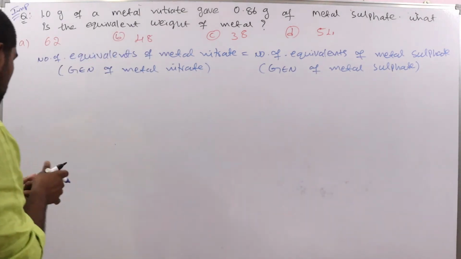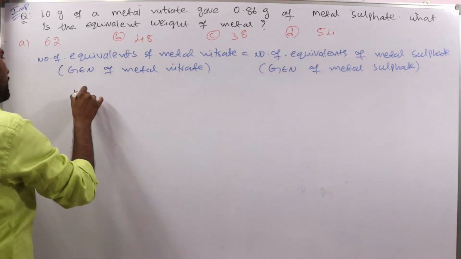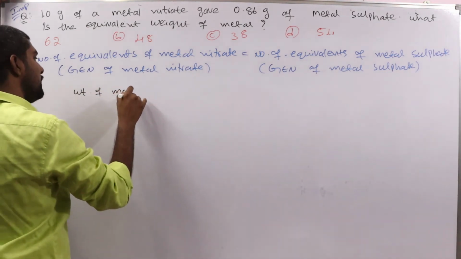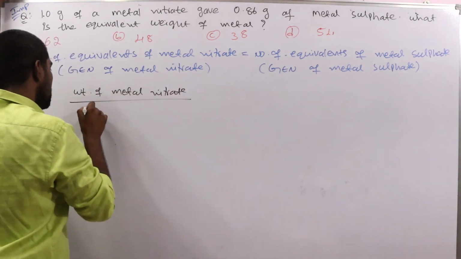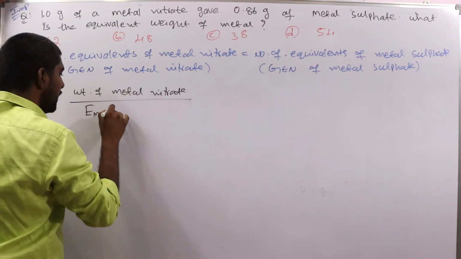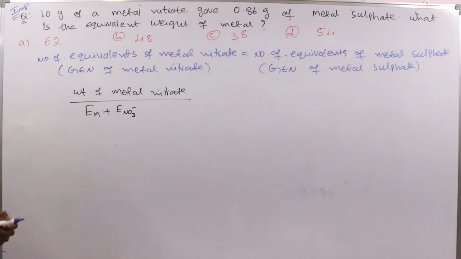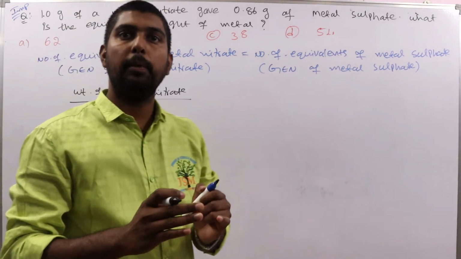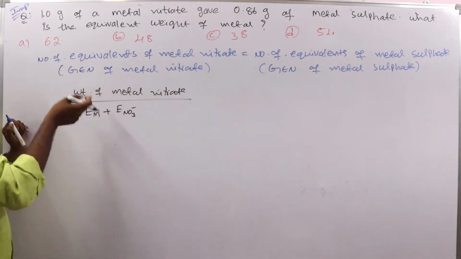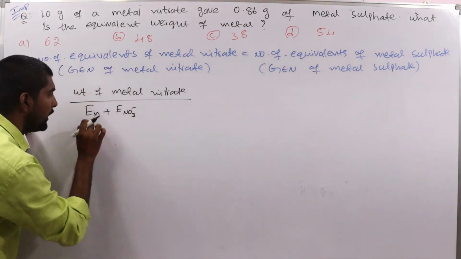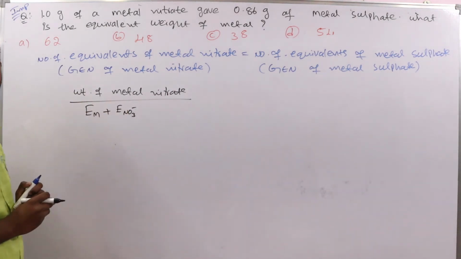Now see here, number of equivalents of metal nitrate is nothing but weight of metal nitrate by equivalent weight of metal plus equivalent weight of nitrate ion. So metal nitrate contains metal and nitrate ion, so that's why weight of metal nitrate by equivalent weight of metal plus equivalent weight of nitrate. So this is the equivalent weight of metal nitrate.